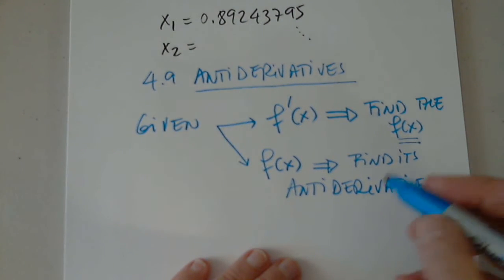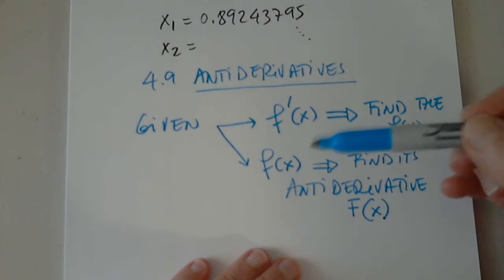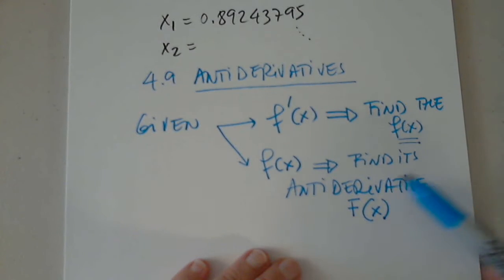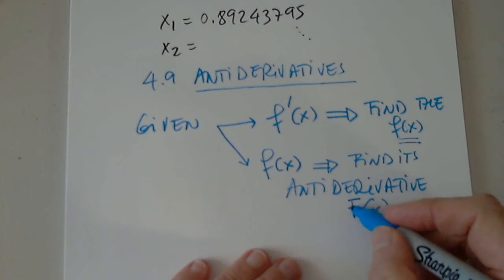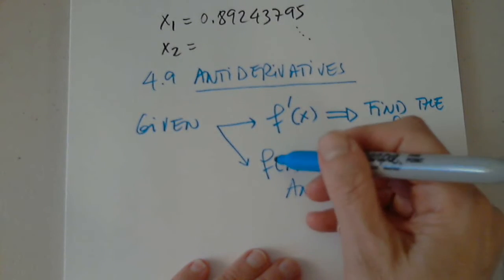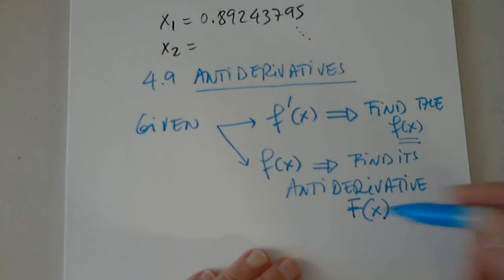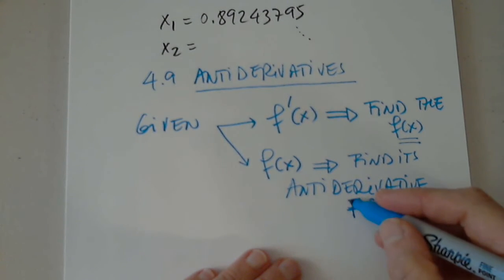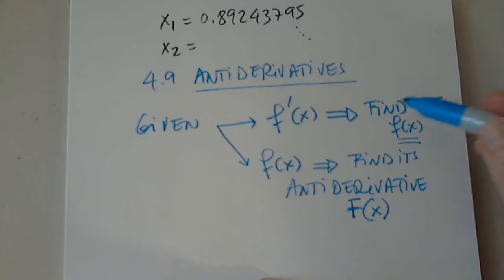Same idea, but this time we're going to denote it by uppercase F of x. So if I'm given f of x, I'm asked to find the antiderivative, which must be denoted by uppercase F of x. If I'm given g, then this will be uppercase G. If I'm given lowercase t, this will be uppercase T, of course. But if I'm given a derivative, I'm asked to find the function.